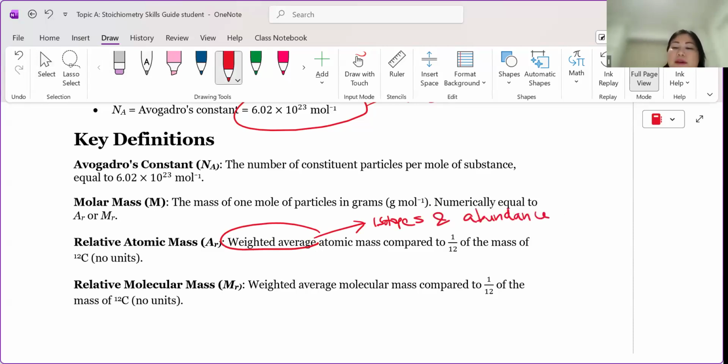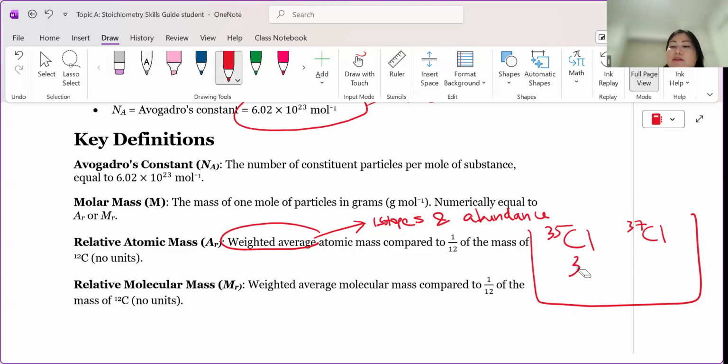So for example, if I have hydrogen, maybe I should use chlorine. If I have chlorine-35 and chlorine-37, that means when I get a sample of chlorine, I will have both of them, and they exist in different ratios. This exists as 75% chlorine-35 and 25% chlorine-37.